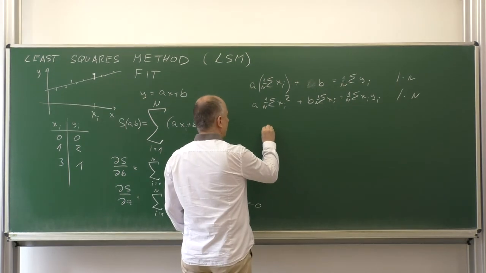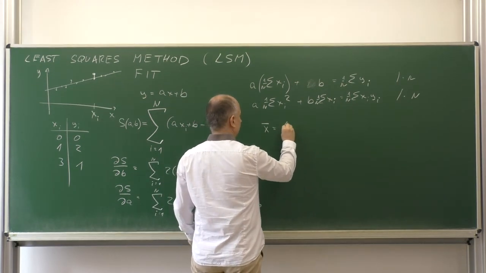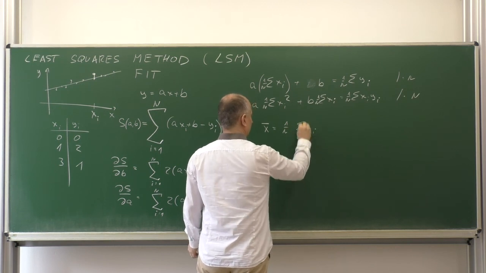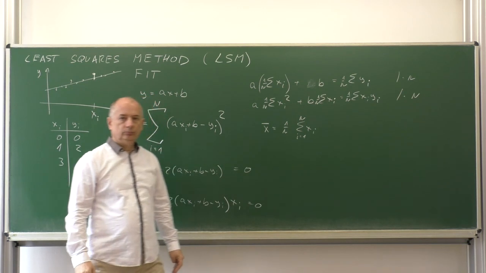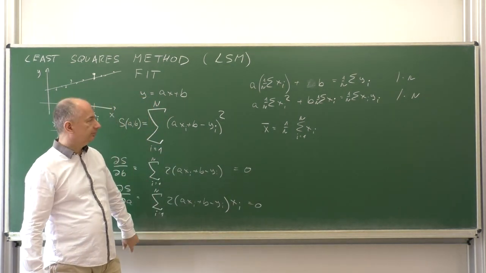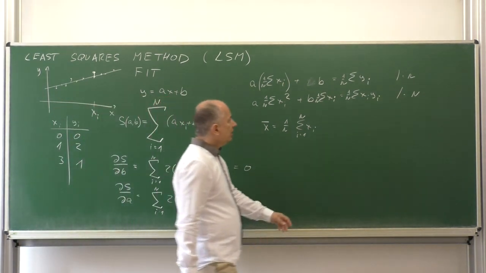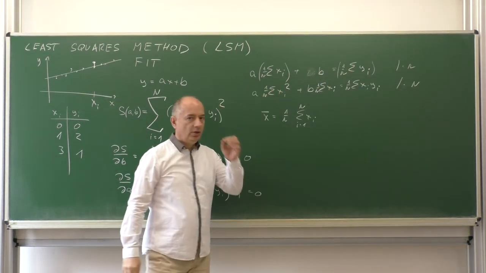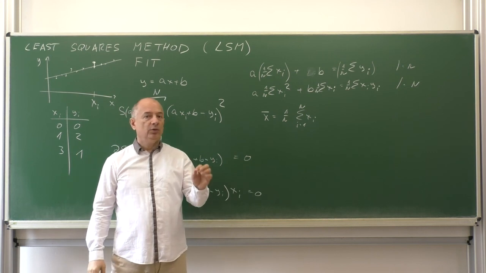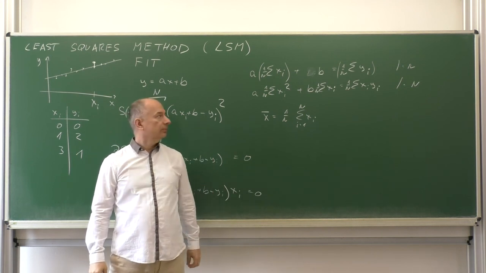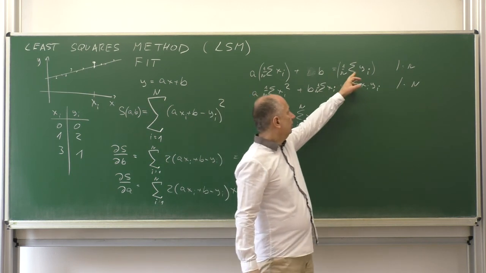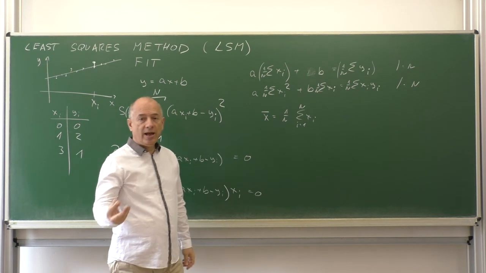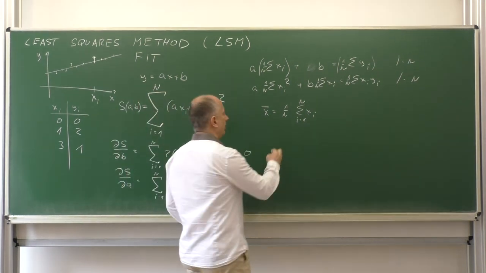Let's denote this by x bar. Well, quite an easy operation. Similarly, here, if we have some values y1, y2, y3 up to yN, we add all these numbers and we divide by the number of them, we get the average or mean of these y values.